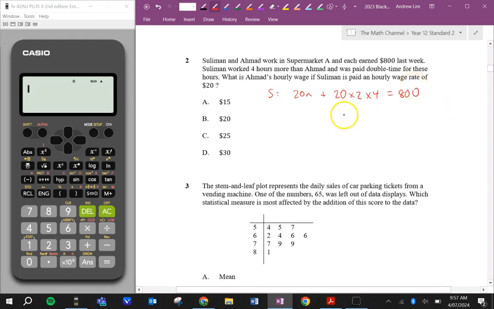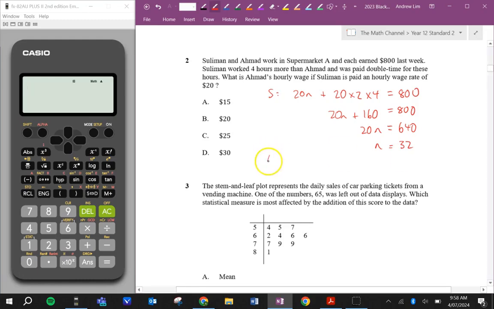So from here we can see that 20N plus 2 times 4 is 8, times 20 is 160. So 20N must be equal to 640. So N is equal to 32. So that's the normal hours worked.